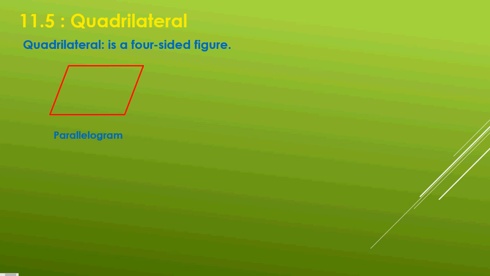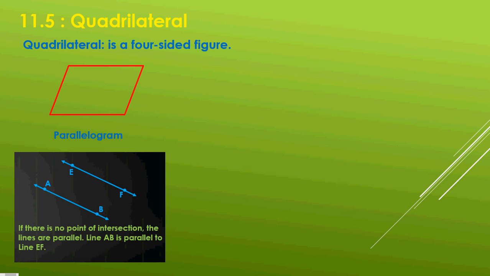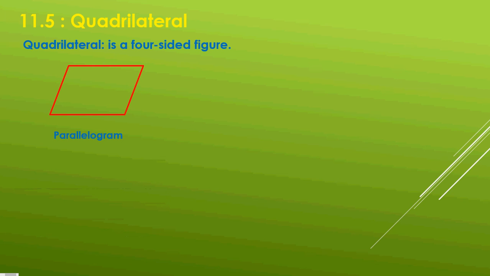If not, look at this. If there is no point of intersection, the lines are parallel. Okay? And this line with this line, do you think they are parallel? Yes. So that's the reason this figure is named parallelogram.